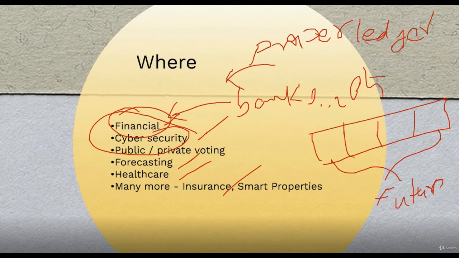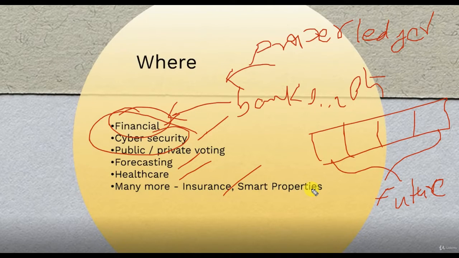In healthcare, we can store the medical history of all patients and their health information. Similarly, in insurance or smart properties, to buy or sell any property, we can have blockchain technology behind that.